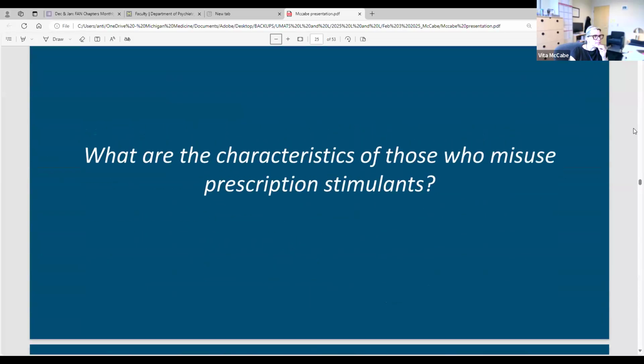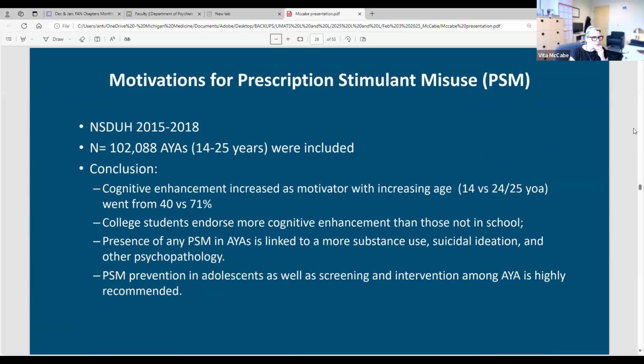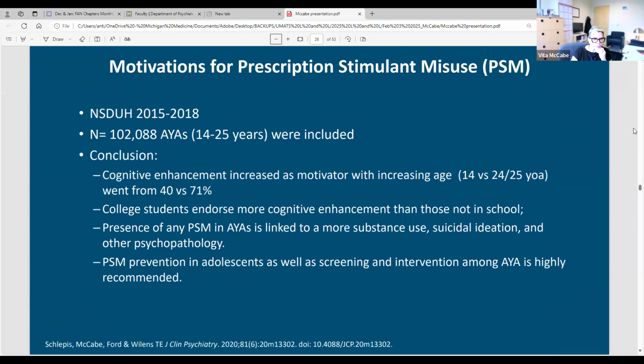What are the characteristics of individuals who misuse prescription stimulants is worth thinking about as well. Next slide. When looking at the NSDUH data of adolescents and young adults, so this is 2015 to 2018 data, cognitive enhancement as the motivator increased with age.